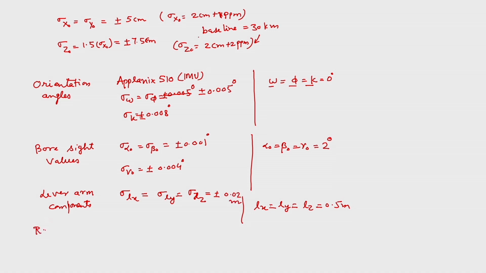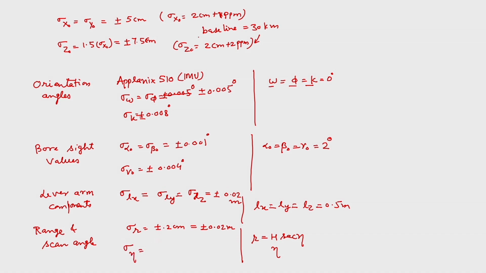What about the range and scan angle? Range you can measure as h sec eta, where eta is the scan angle, and sigma r is 2 centimeters or 0.02 meter.